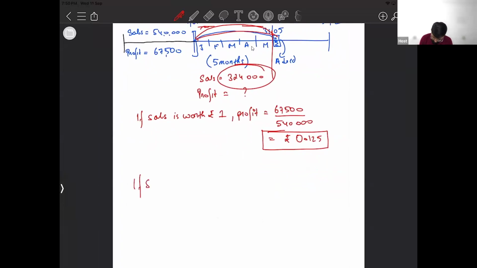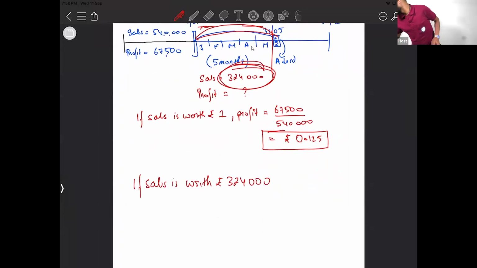So if sales is worth rupees 3,24,000 for the current period, profit will be how much?